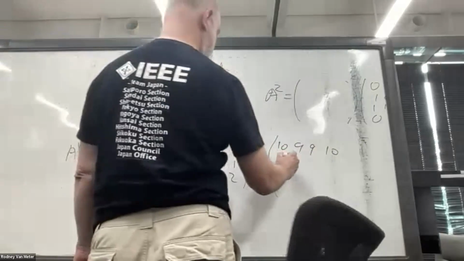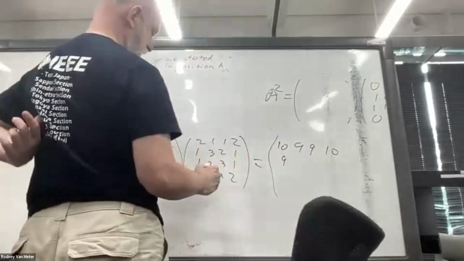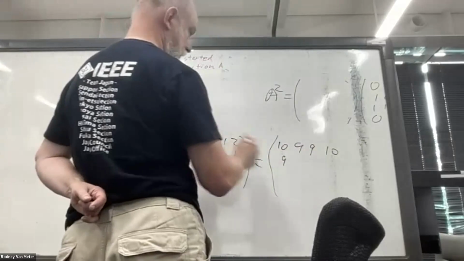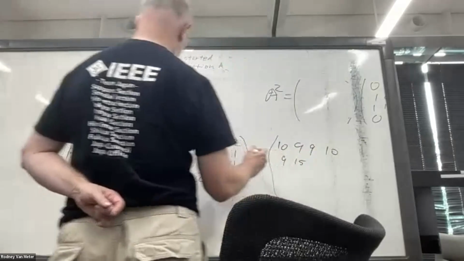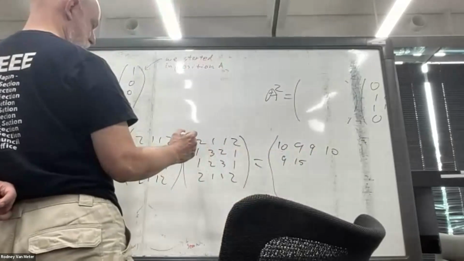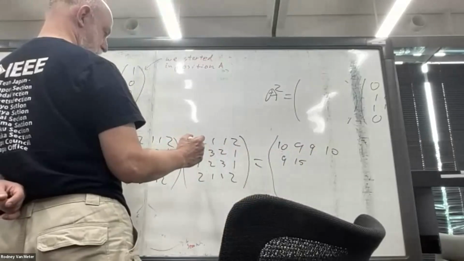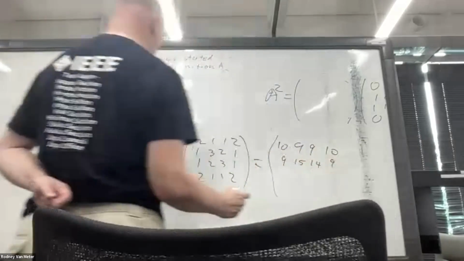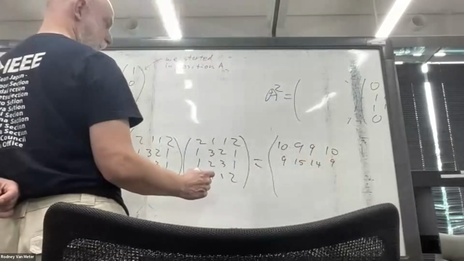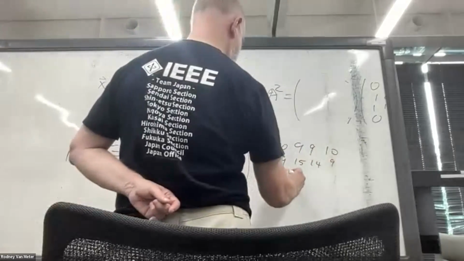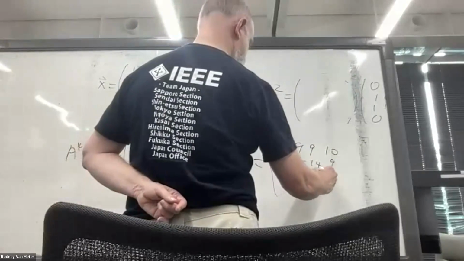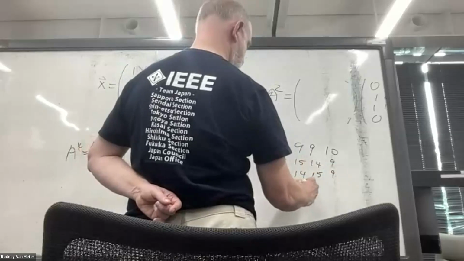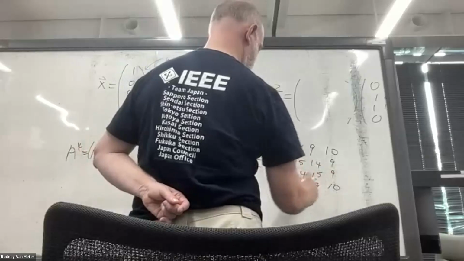And then once again, 9 and let's see, this time I think 15, if I just did that right. And 14 and 9, if I did that right. And then symmetrically 9, 14, 15, 9, and 10, 9, 9, 10, if I did this right.